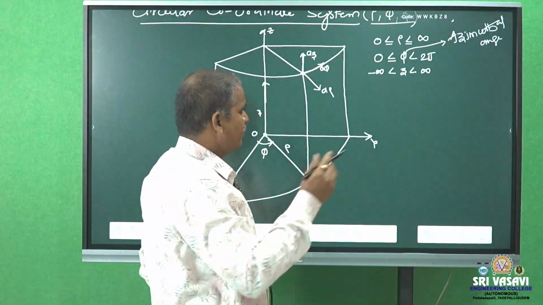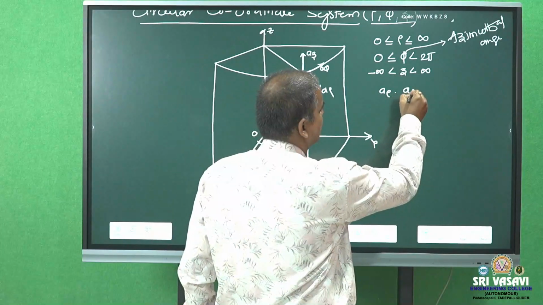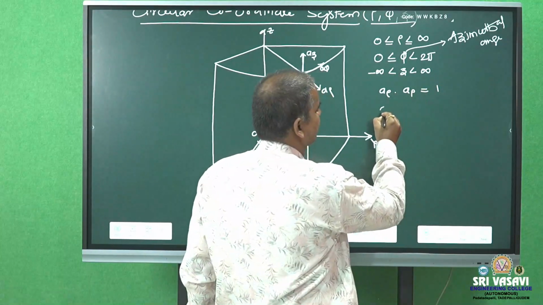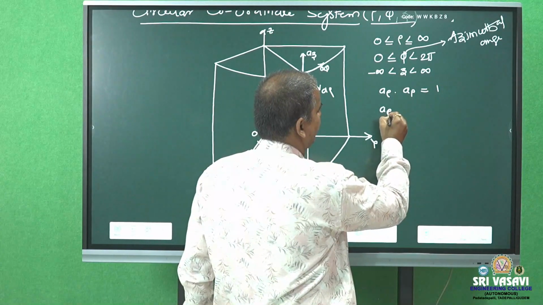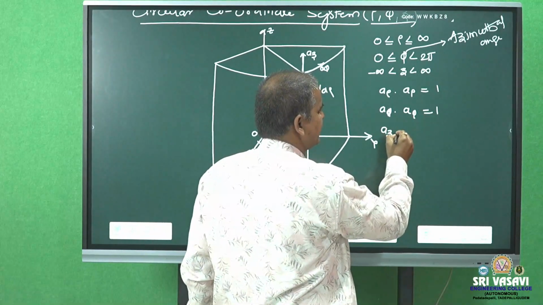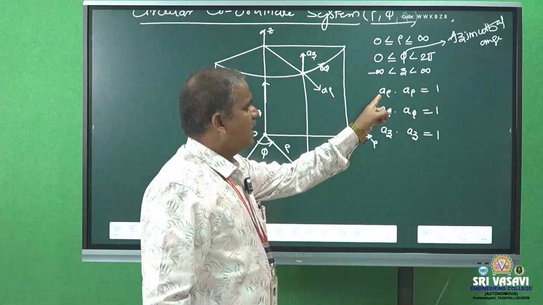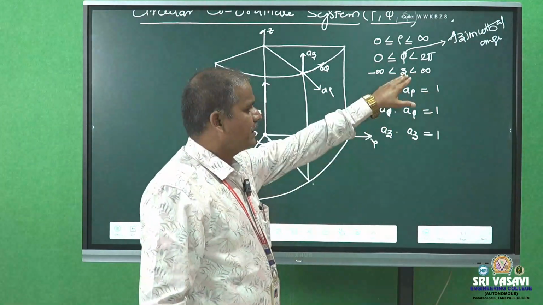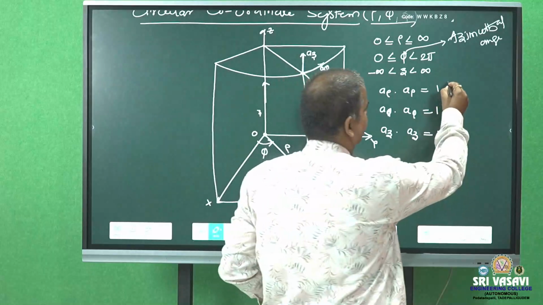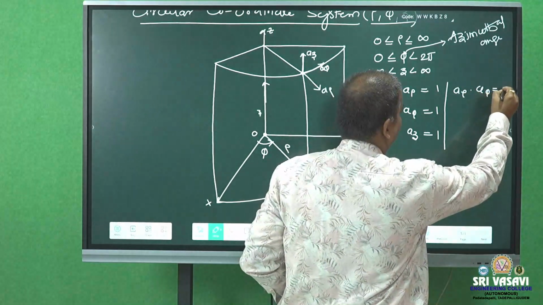And one more, from vector identity we have a rho dot a rho equal to 1, a phi dot a phi equal to 1, a z dot a z equal to 1. This is from the vector identity. Similarly, a rho dot a phi becomes 0.